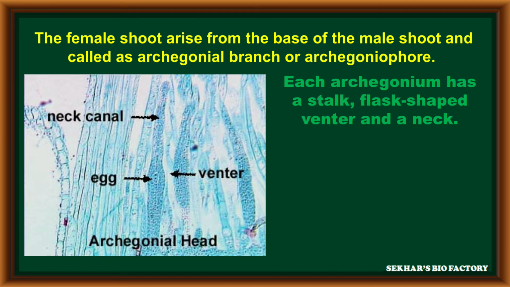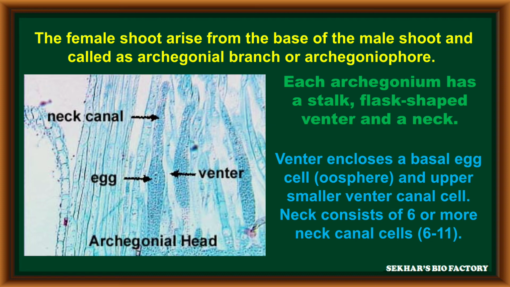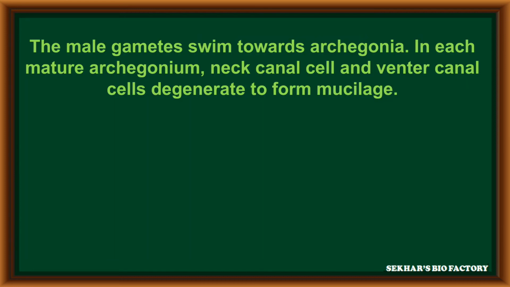At the tip of this archegoniophore, many archegonia are present, and each archegonium has a stalk and is a flask-shaped structure with venter and neck as parts. The venter encloses a basal egg cell called the oosphere, and an upper small ventral canal cell. Generally, the neck contains six or more neck canal cells.